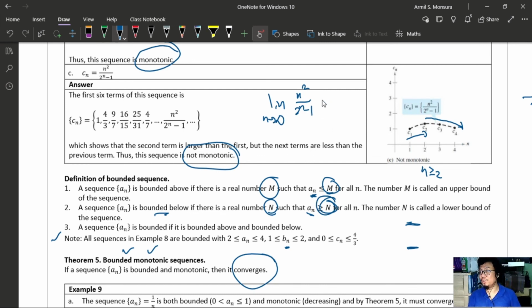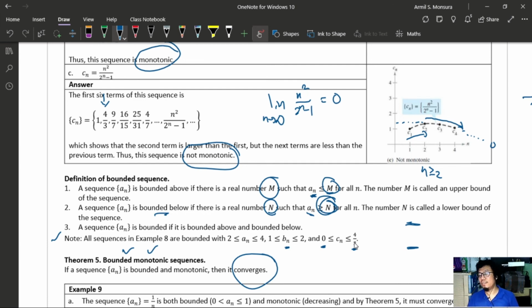Although we can use this to find the lower bound, which is 0, because eventually this becomes 0. But its upper bound is actually its maximum value, which is 4/3. So now your sequence is said to be bounded between 0 and 4/3. The determination of the upper and the lower bound of your sequence is actually facilitated by finding the maximum and the minimum values in your sequence.